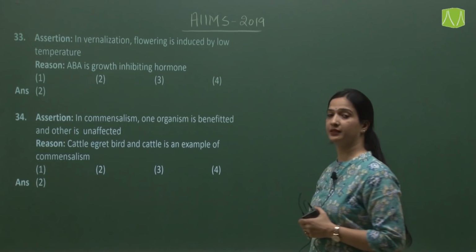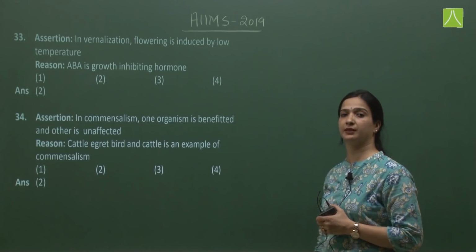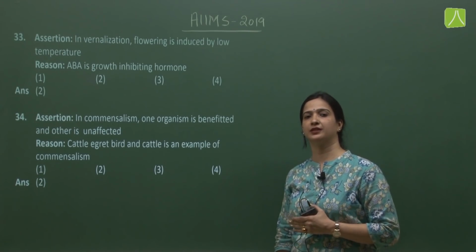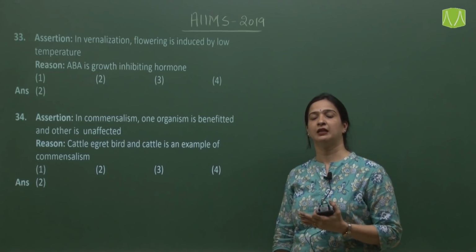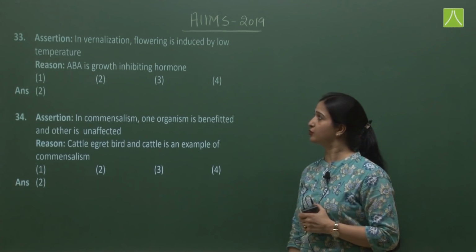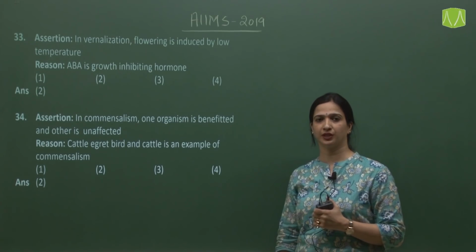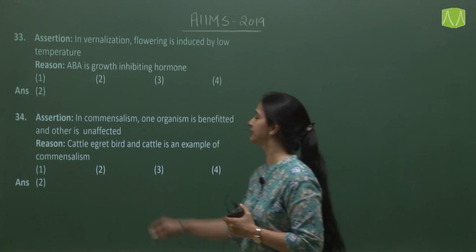Let us see question number 33. The assertion given here is, in vernalization, flowering is induced by low temperature. That is true. Vernalization is the process of induction of flowering by low temperature treatment. The reason given here is, abscisic acid is a growth inhibiting hormone. The statement is correct, but it is not explaining the assertion given here. So here the correct answer is second.